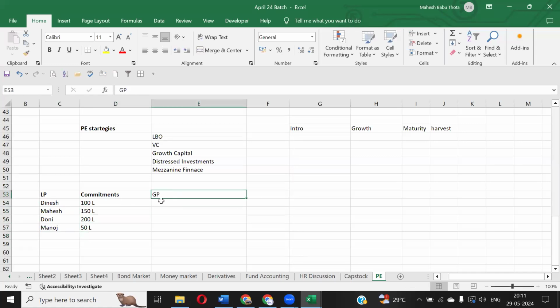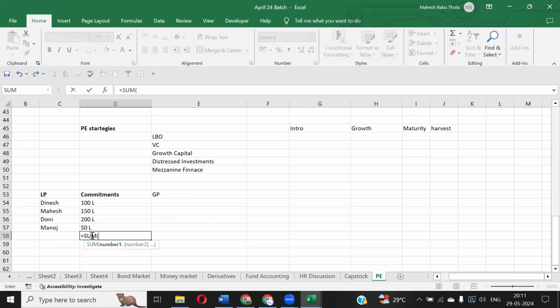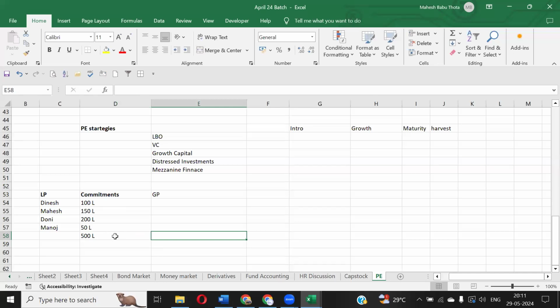What is the total commitment capital? 100, 250, 450, 500. So 500 lakhs is the total commitment capital. As a fund, we will be receiving 500 lakhs from all these investors.